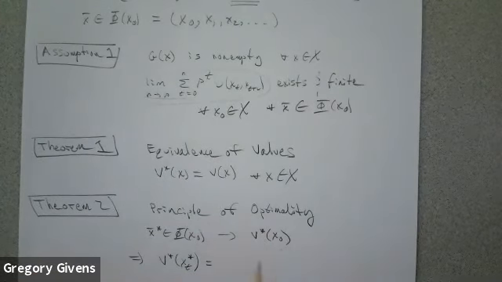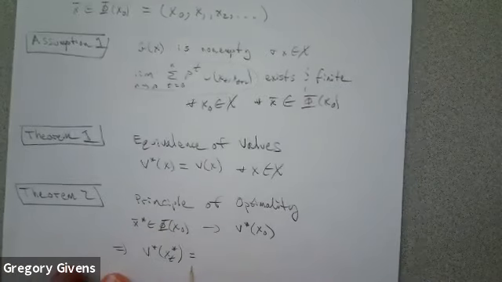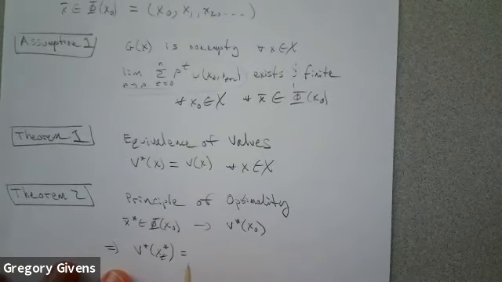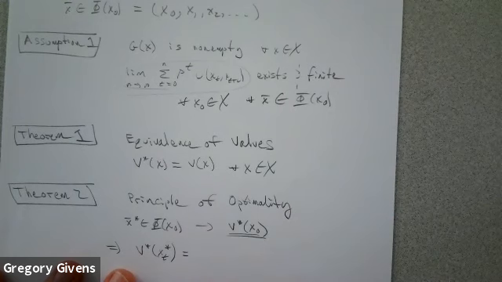This is the most important theorem for dynamic programming. The maximum value of this sequence problem, V star, can be written as U of xt star, xt plus 1 star, plus beta V star of xt plus 1 star.